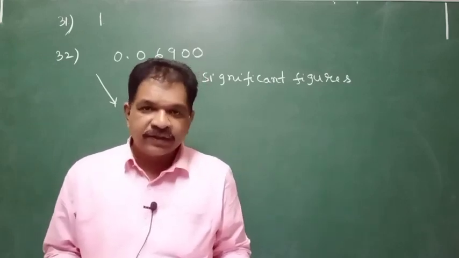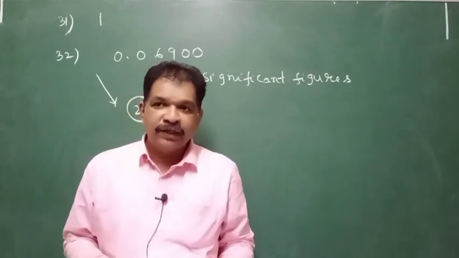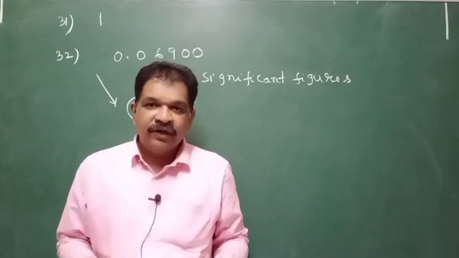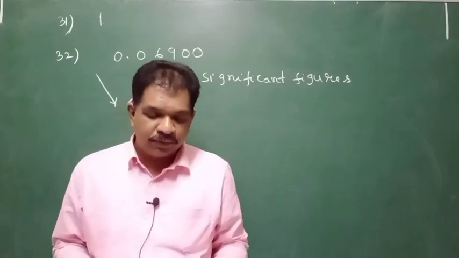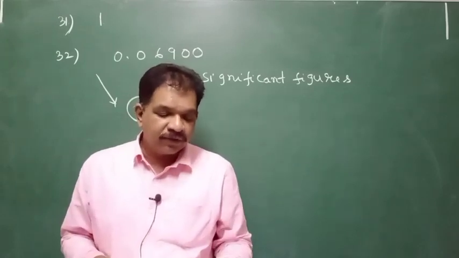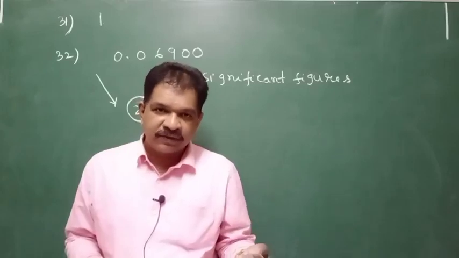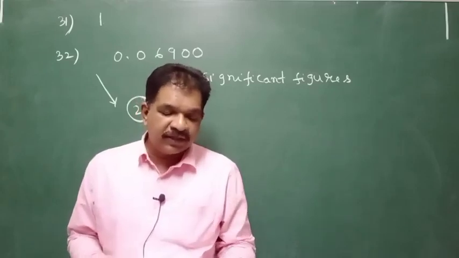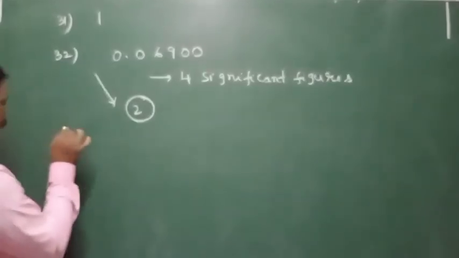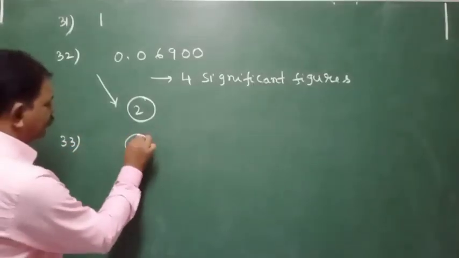Meter rod of least count 0.1 centimeter, vernier calipers of least count 0.01 centimeter, screw gauge of least count 0.001 centimeter. None of the above. Answer will be screw gauge. So the least count having more zeros will be the most precise device. So 32, and this will be 33, third option for this.